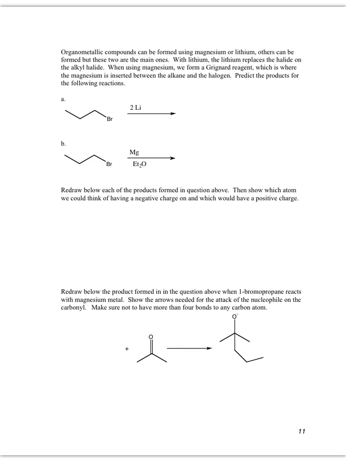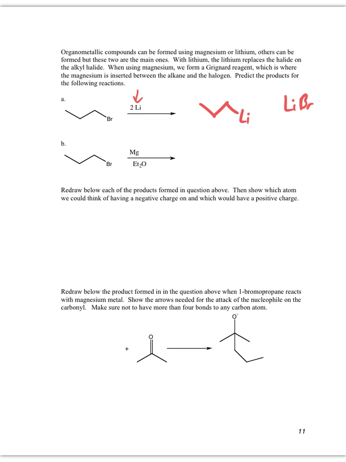So organometallic compounds: we know lithium metal has no charge. When lithium metal reacts, it forms lithium with a +1. So we form this alkyl lithium and a lithium bromide.